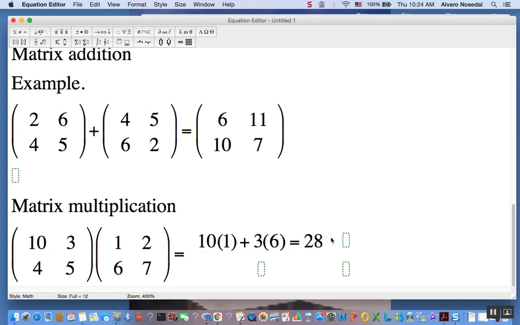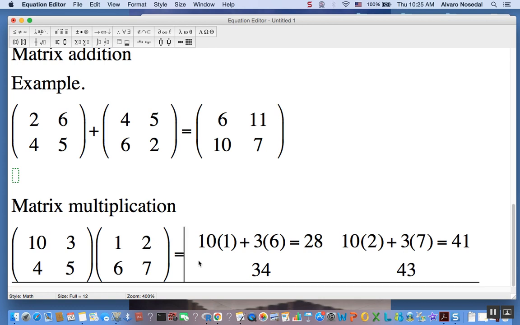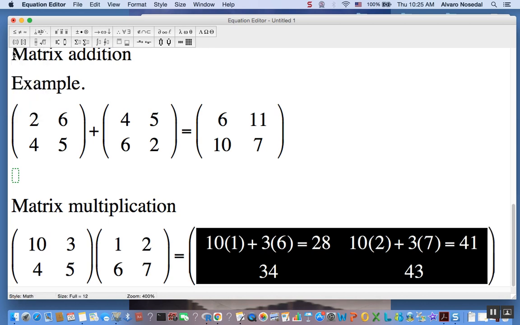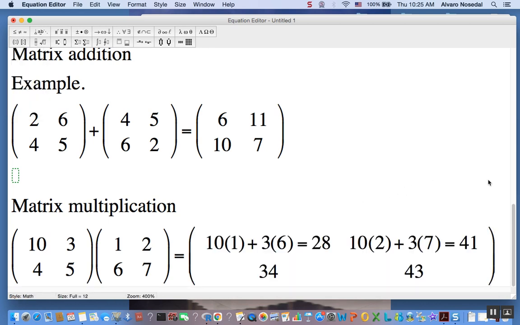If you want the element located on the first row, second column of the product matrix, it would be first row times second column. So it would be 10 times 2 plus 3 times 7, which happens to be 41, right? Okay, so you proceed in a similar fashion with the remaining 2 elements of the product matrix, and that's it. Got it? Okay.